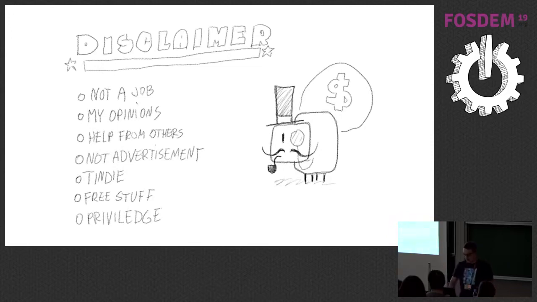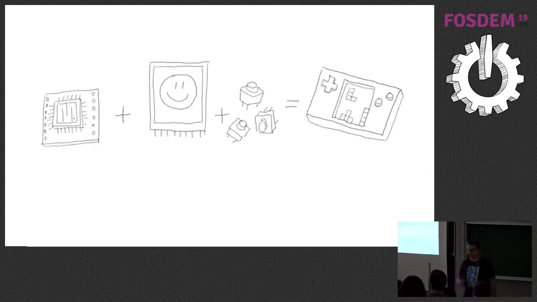So that out of the way, we can talk about the topic. The main idea in here is to take one of those development boards that you can buy now, like maybe Arduino, maybe something else, connect one of those cheap display modules you can get for them, and a bunch of buttons, and make a game console out of that.